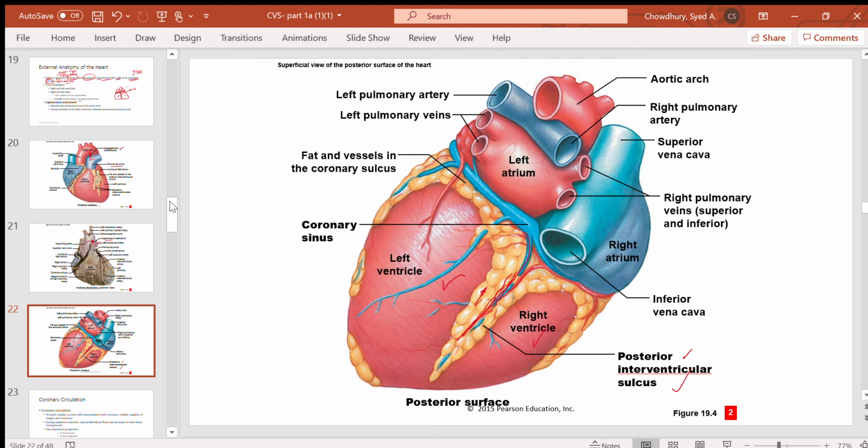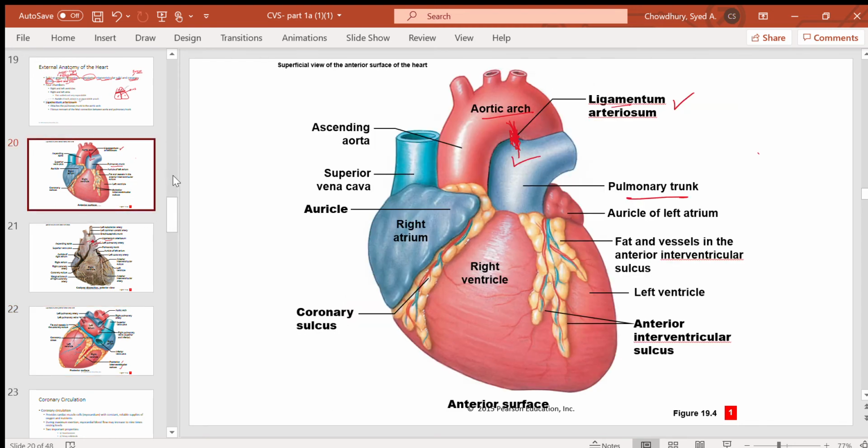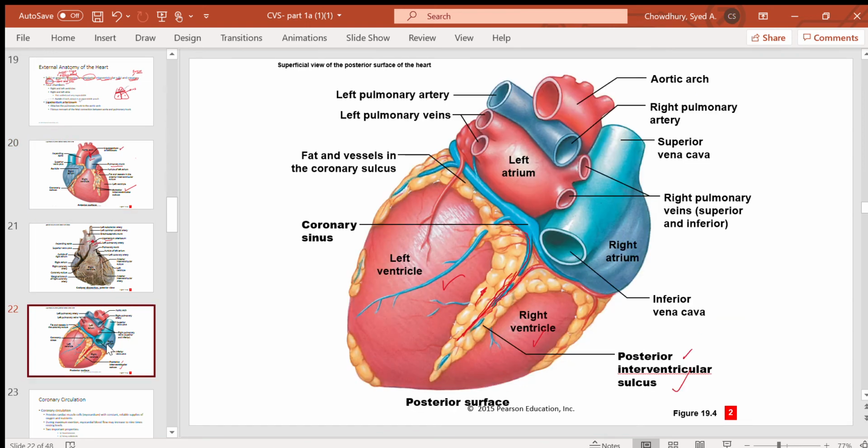So in the interventricular sulcus, both anterior and posterior, you have fat and artery and vein. And this is the back part of the coronary sulcus. Also it has fat and blood vessels, between atria and ventricles. And this short, wide vein is called the coronary sinus that I mentioned before.